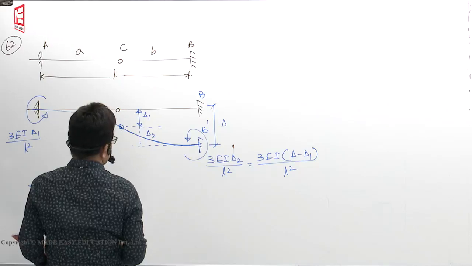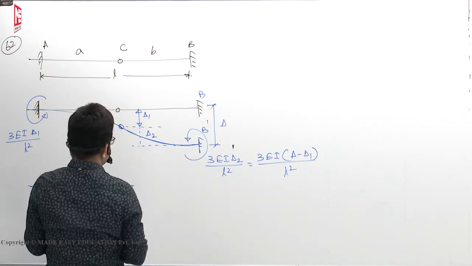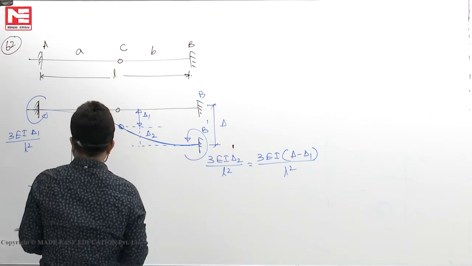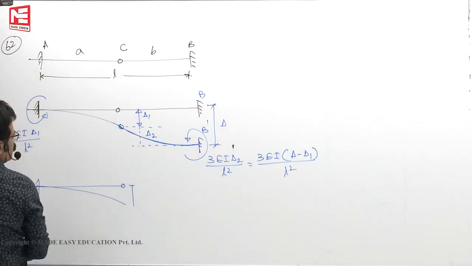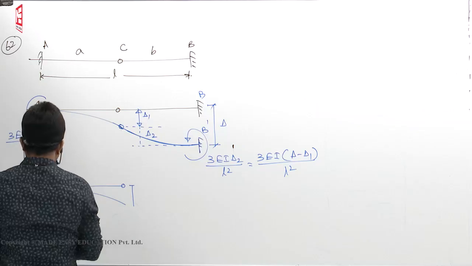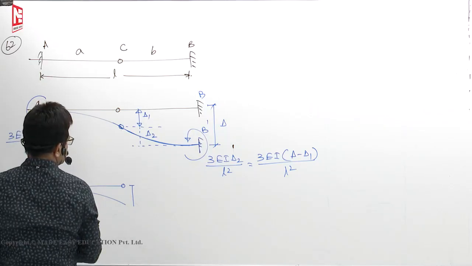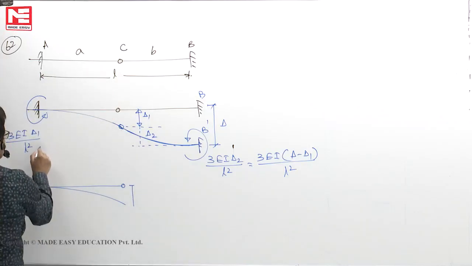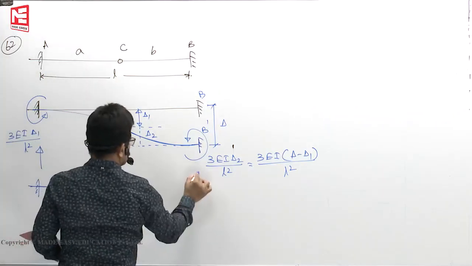MA and MB, both of them are anti-clockwise. Then clockwise moments. So the clockwise couple should develop to balance the anti-clockwise ones. So clockwise moment here and here.